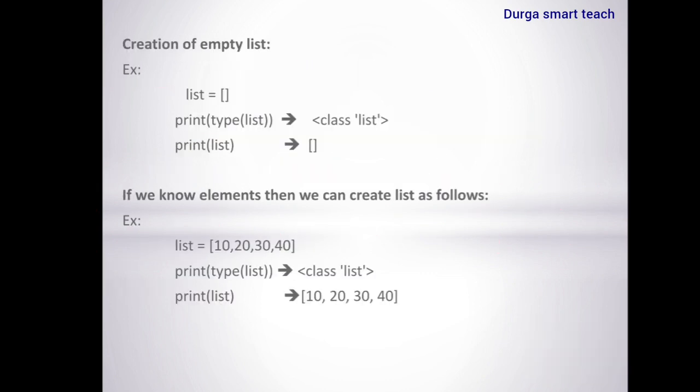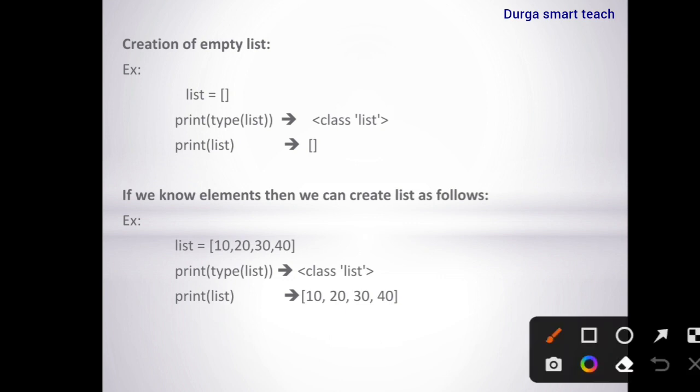Next, creation of empty list. If you want to create one empty list, you need to use the syntax list is equals to just square brackets. Here the type function is used to print the data type.